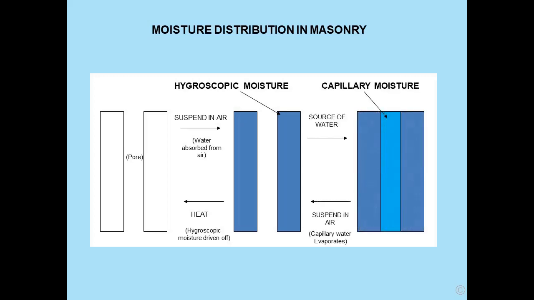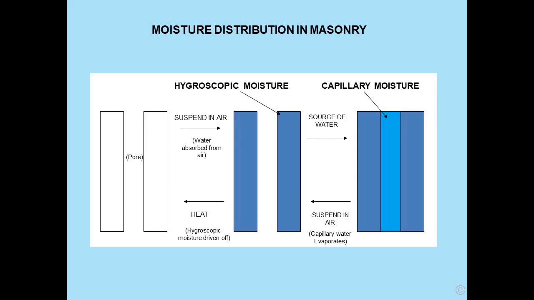However, if we then come along and start pouring water over our piece of brick, then the pores start filling with water, and this is where we get our capillary moisture from, capillary or free moisture. As long as we keep pouring water over our piece of brick, we will maintain capillary moisture.